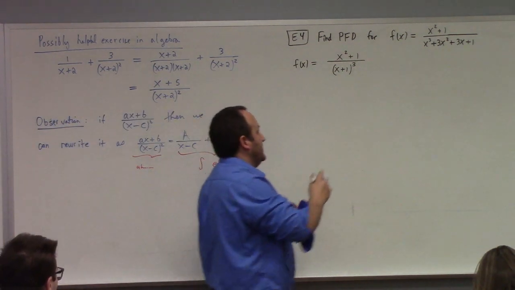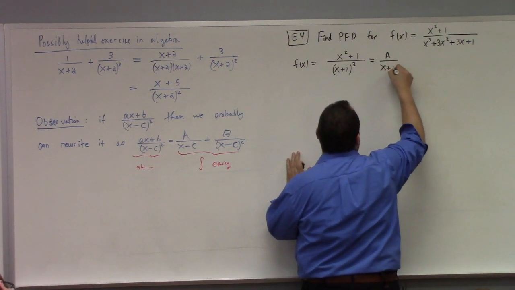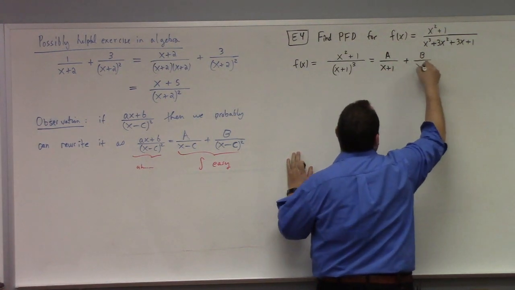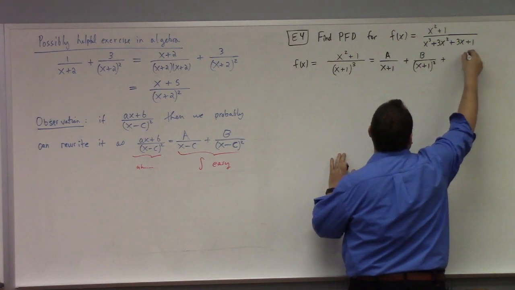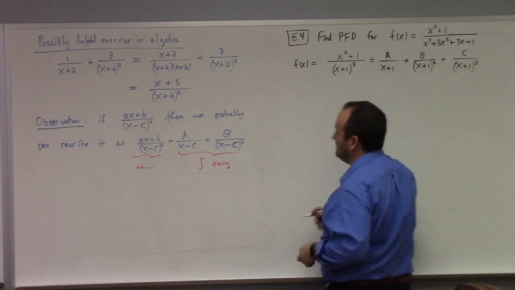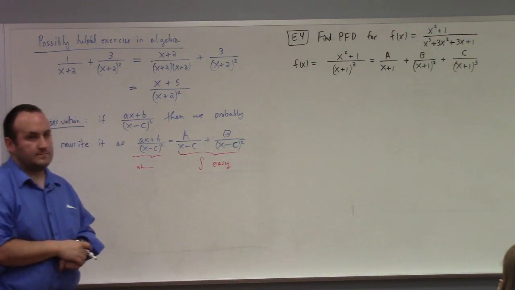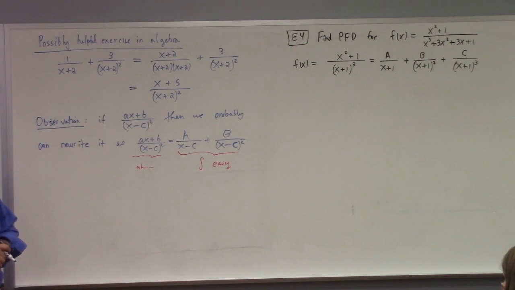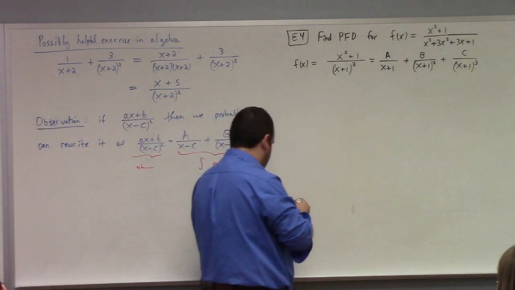So the partial fractions decomposition has the following form. It's a over x plus 1 plus b over x plus 1 squared plus c over x plus 1 cubed. So how do we find a, b, and c? Yeah, multiply by the denominator.